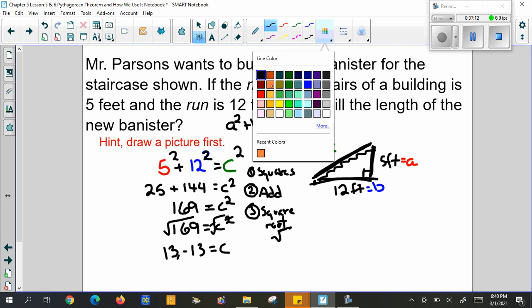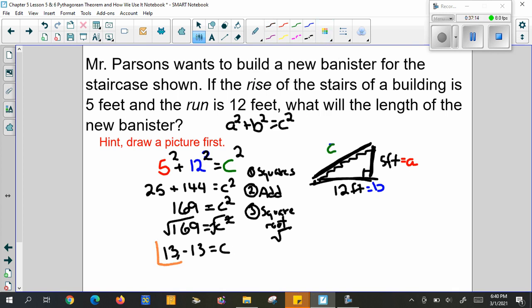But as a reminder, we're talking about measurements. So we need the positive answer.